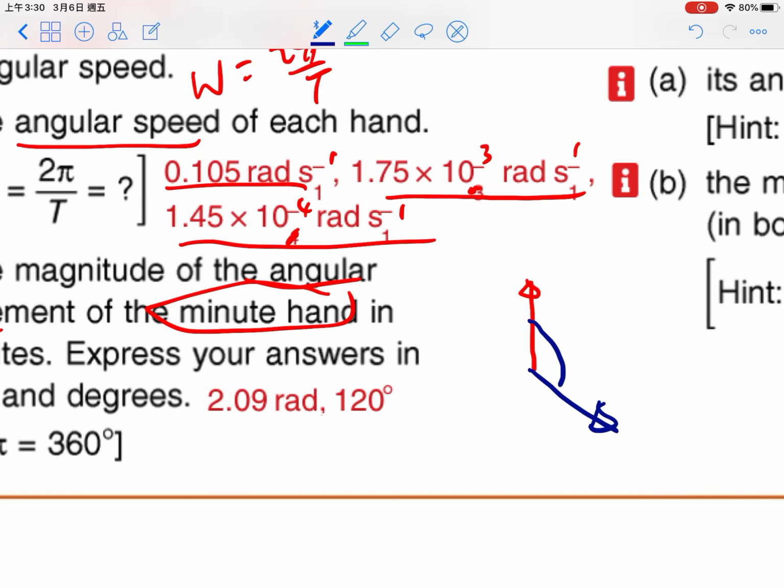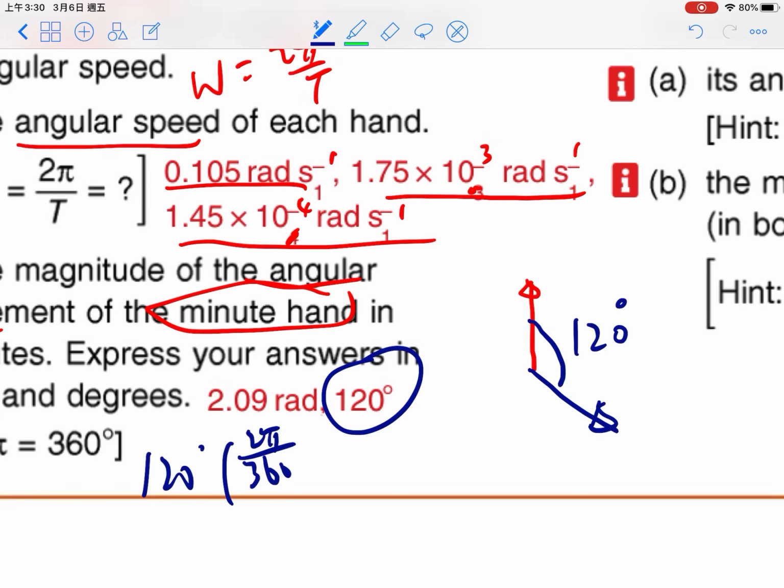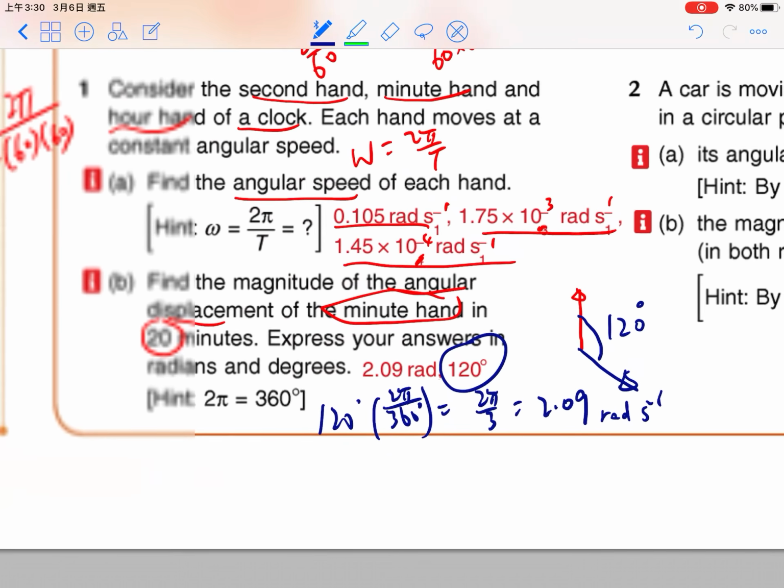So what is the angle? We know the period is 60 minutes. So for 20 minutes, it will be 120 degrees. Okay, and we need to know how to change to radian. So it will be 120 times 2 pi over 360 degrees. Okay, so it will be 2 pi over 3. So it will be 2.09 radian. That will be the answer.